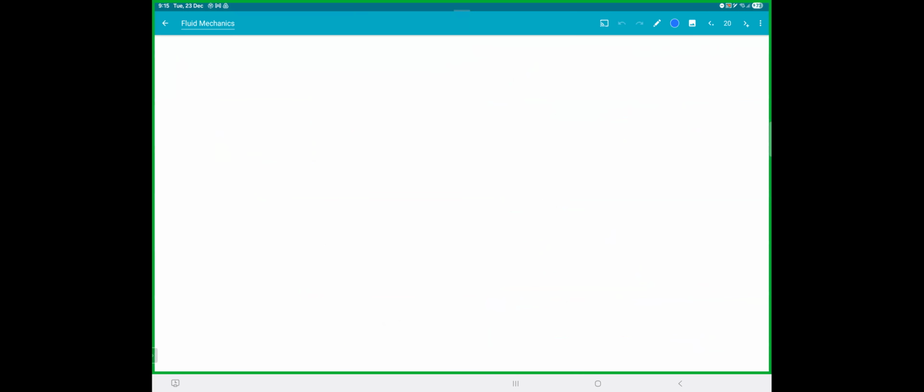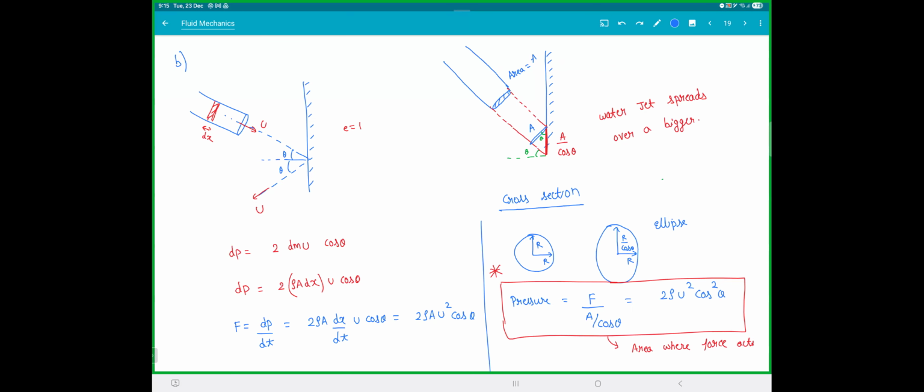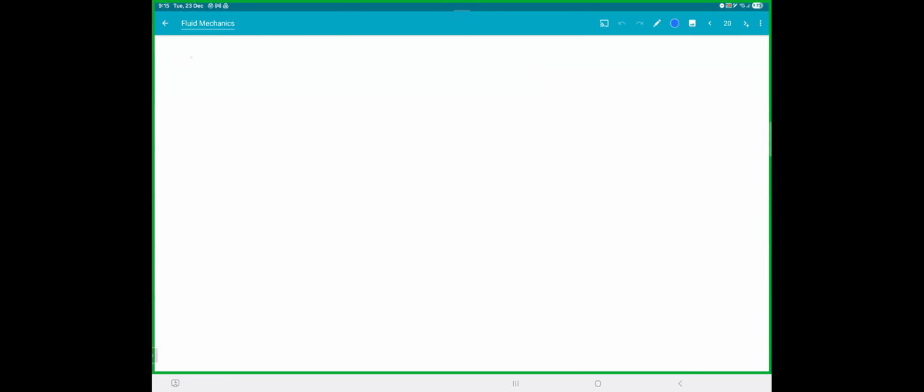So if you see, that's about pressure, like it is more of a force question. Next thing, variation of pressure. So how does pressure vary in a liquid?